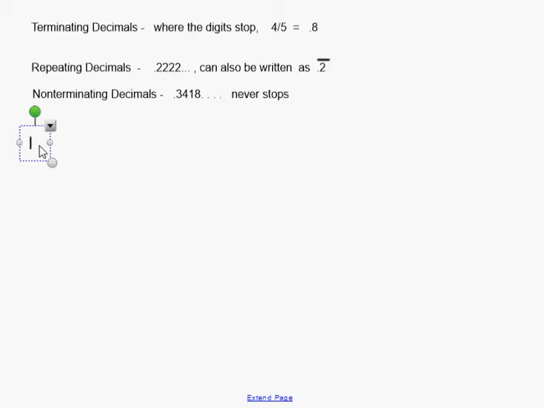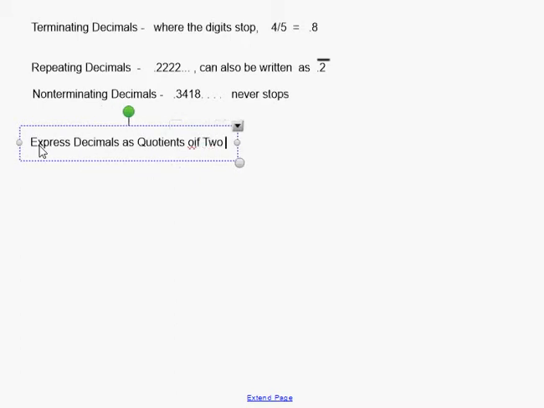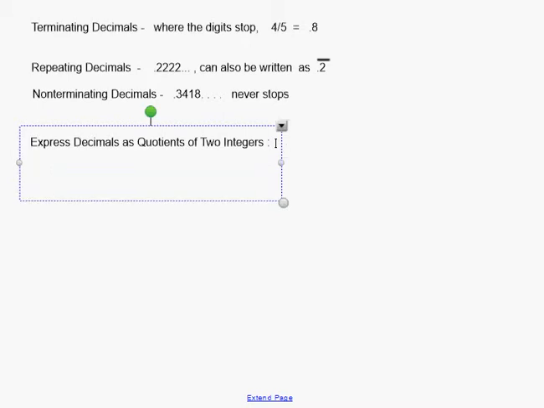Now, suppose you're asked to express decimals as quotients of two integers. This gets into thinking about decimal places. So here's our decimal point, and then we have place values.